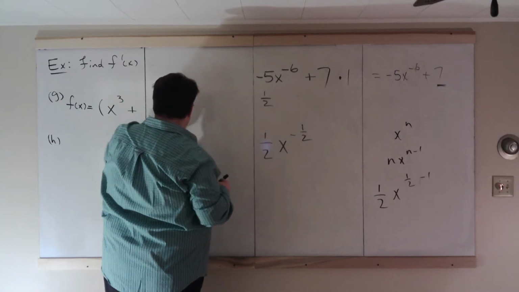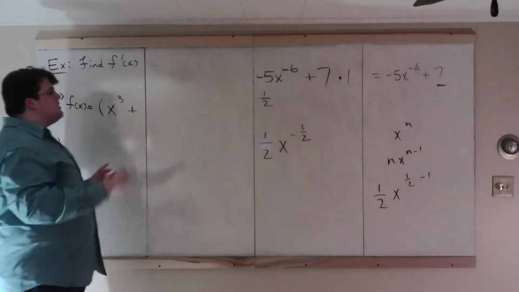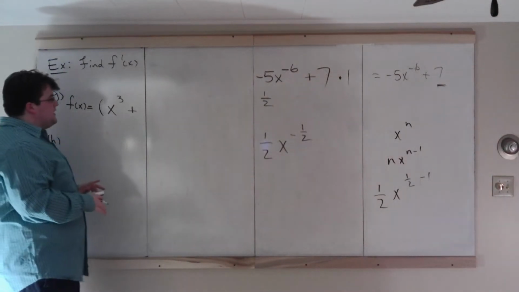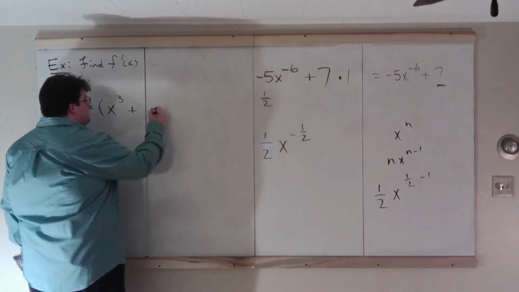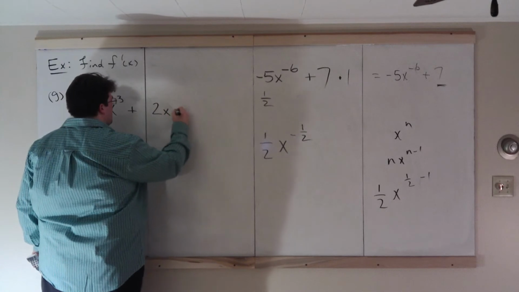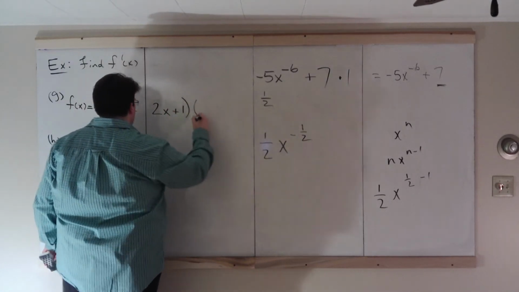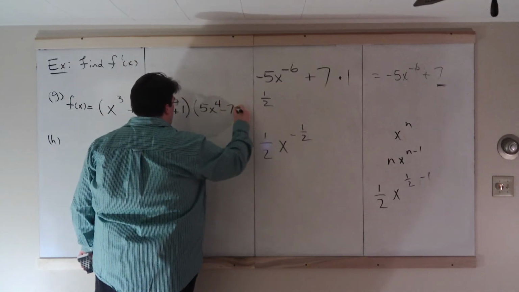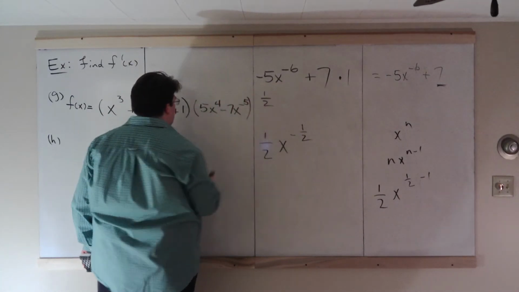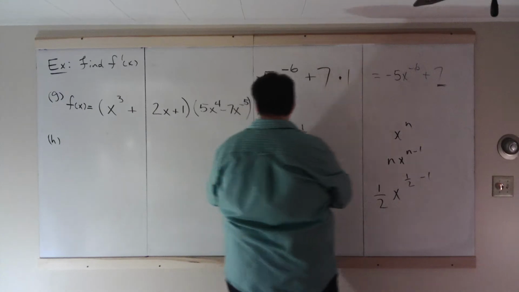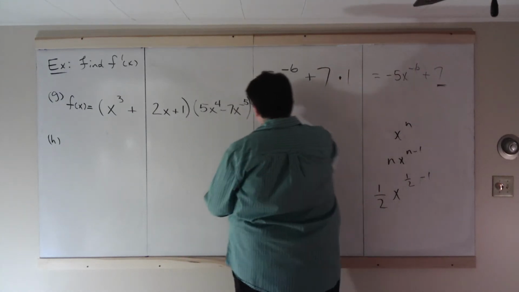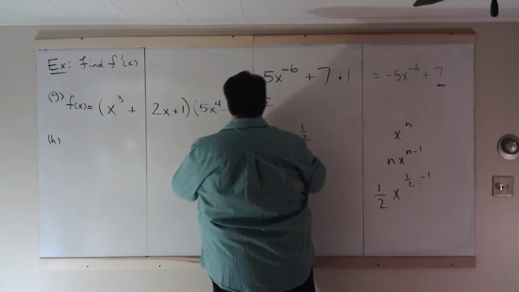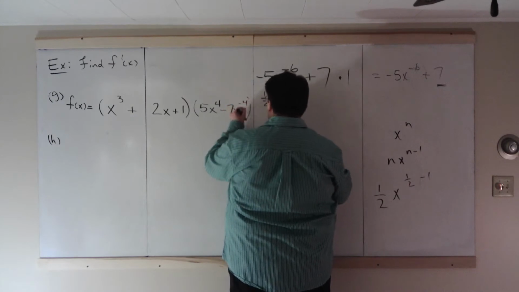For any question where you're asked to find f prime of x, you don't have to simplify beyond combining like terms. 7 times 5 is 35. So let's do, I already did negative 5, didn't I? Yeah. So let's make this a different number. Let's make it a negative 4.